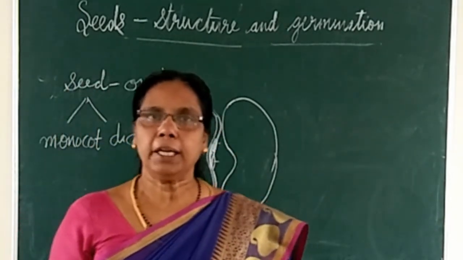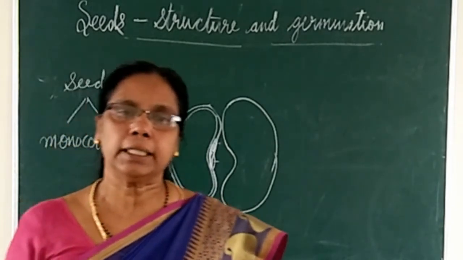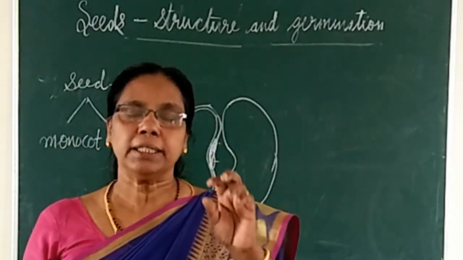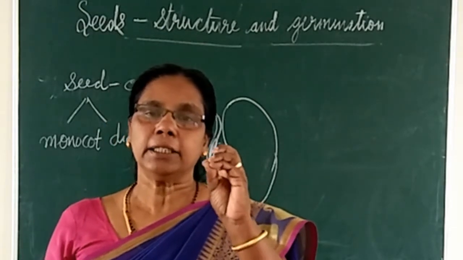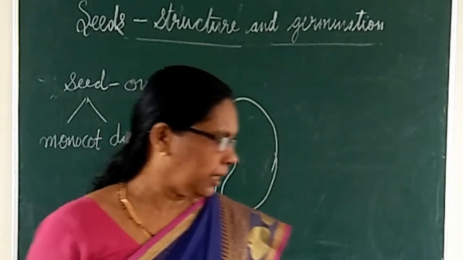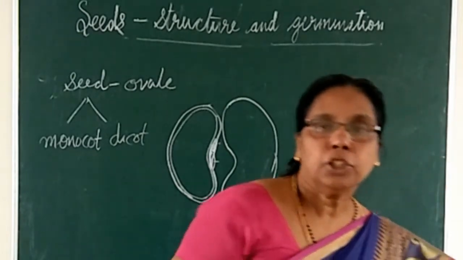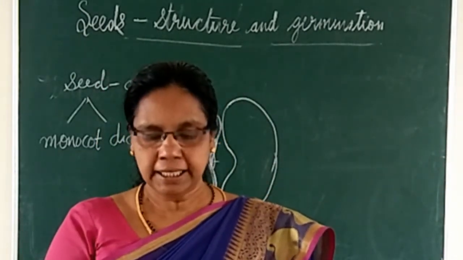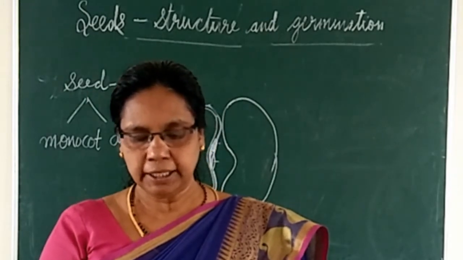So below the micropyle you can see two cotyledons, and with careful observation, if you open them, you can see a small, tiny embryo attached to the cotyledons.